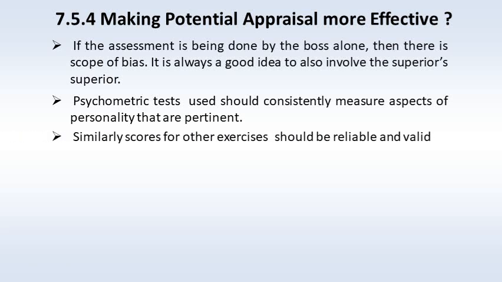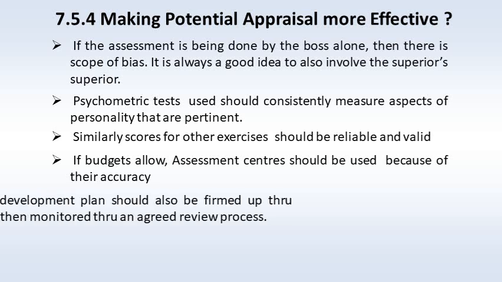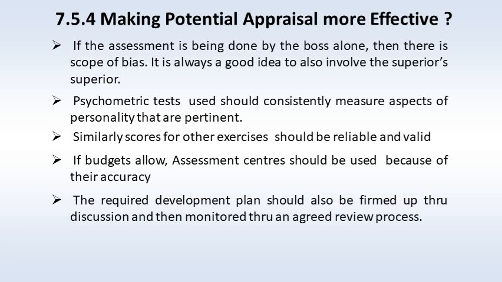Similarly, scores for other exercises should be reliable and valid. If budgets allow, assessment centers should be used because of their accuracy. The required development plan should also be firmed up through discussion and then monitored through an agreed review process.